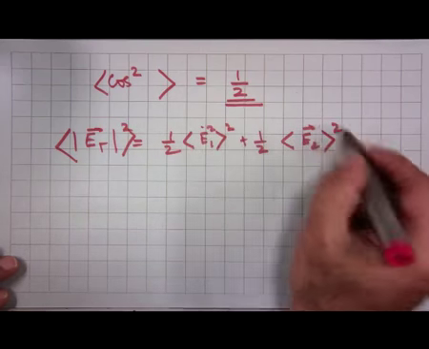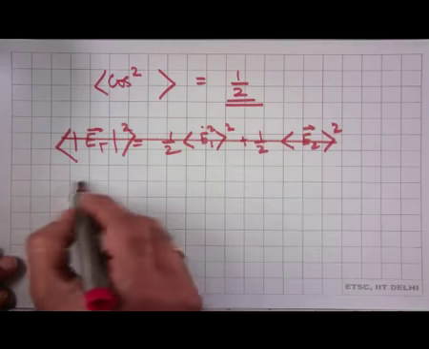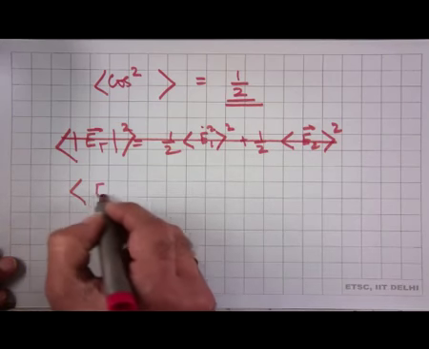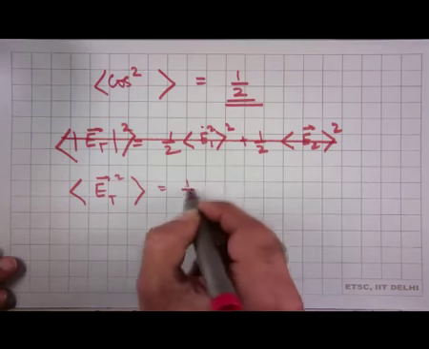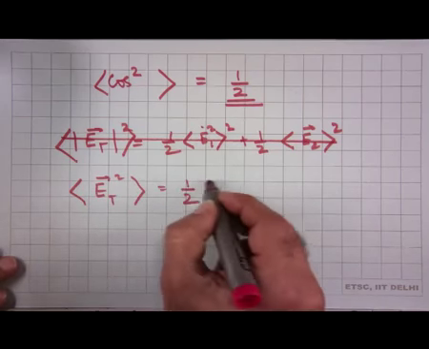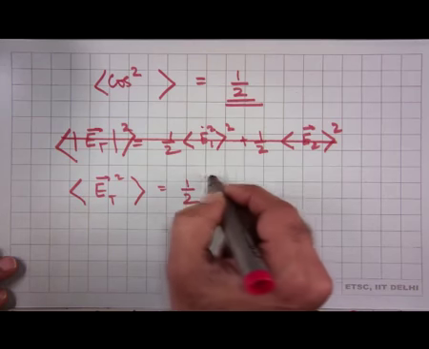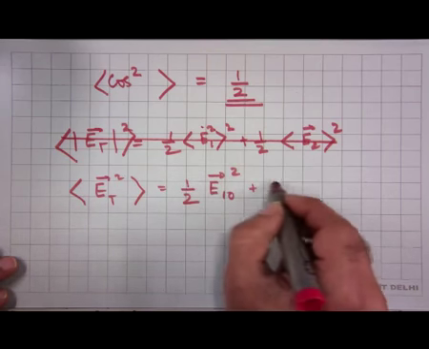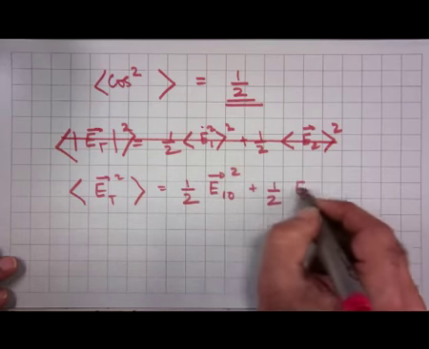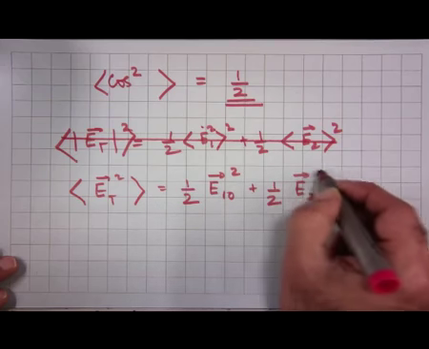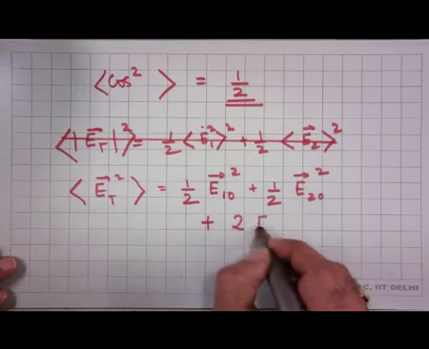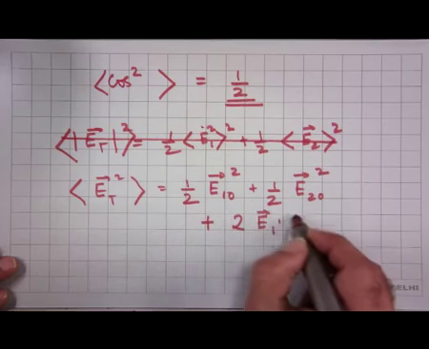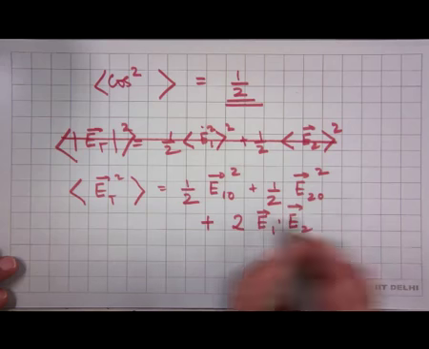I am sorry, this is a wrong expression. Et squared average is half E1 0 squared plus half E2 0 squared plus, we will keep this E1 dot E2 average.